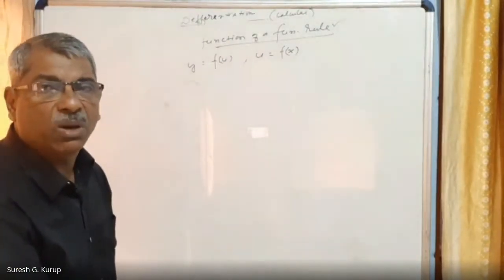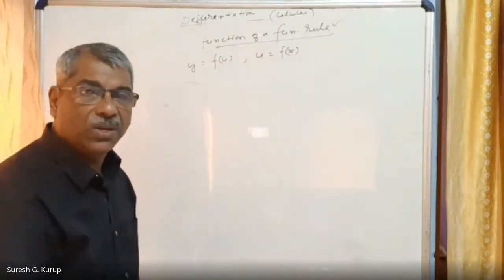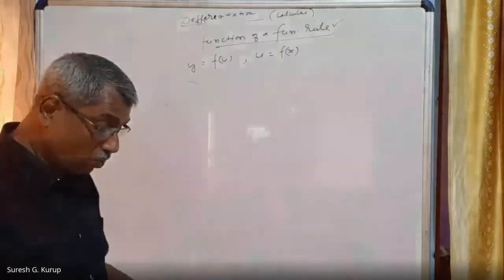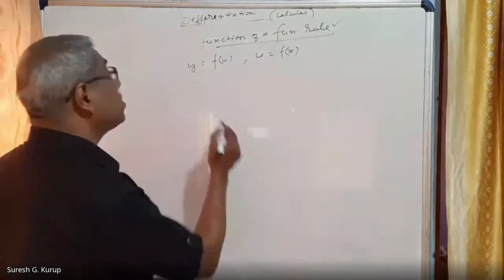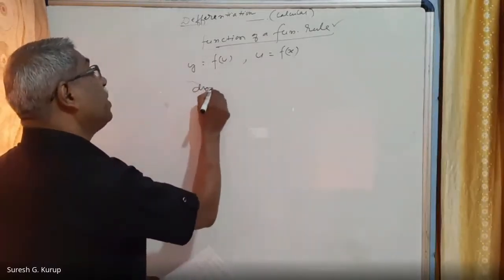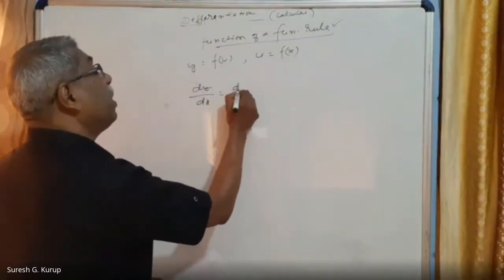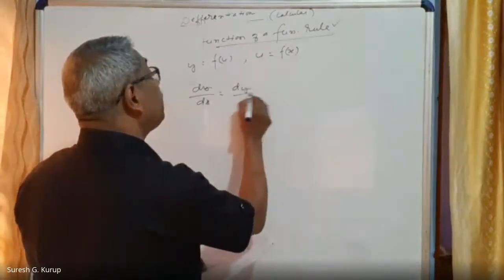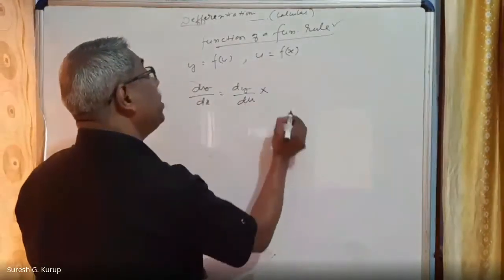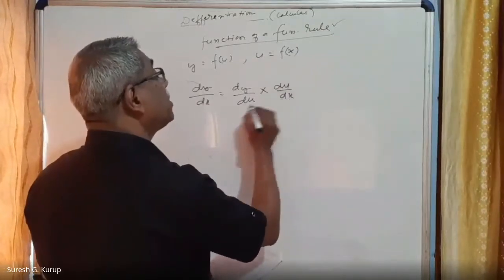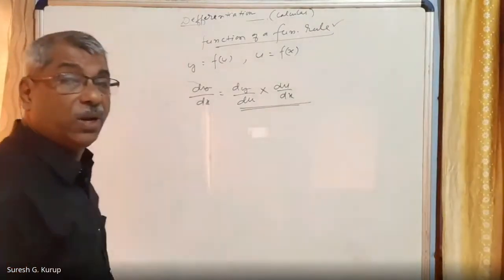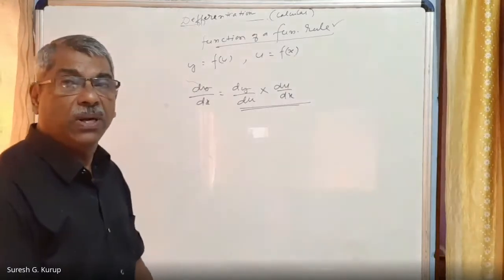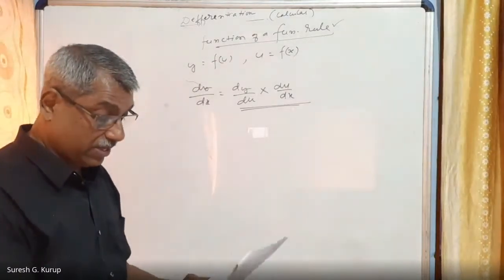Then this condition is called the function of a function rule. To differentiate it, what do you write? dy by dx is equal to dy by du into du by dx. So this is the rule. The rule can be understood when you go through an example.